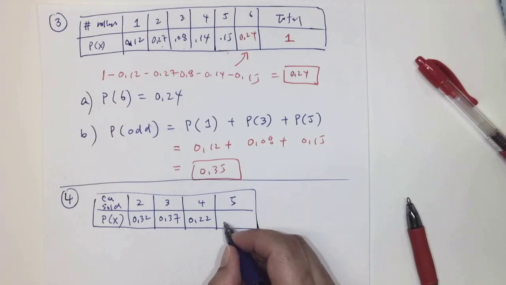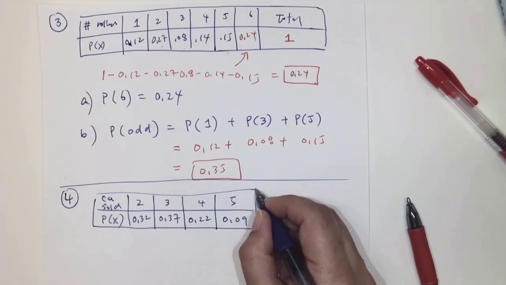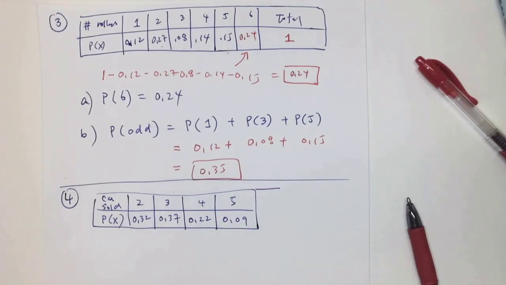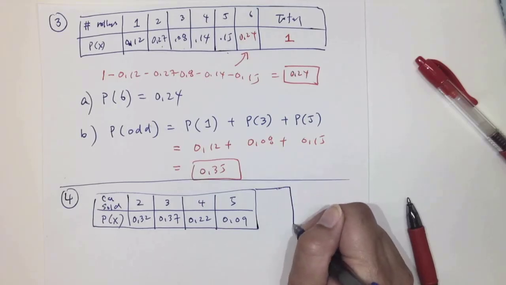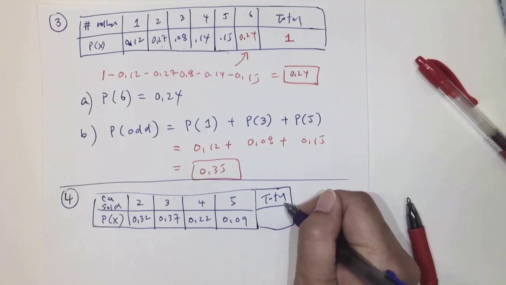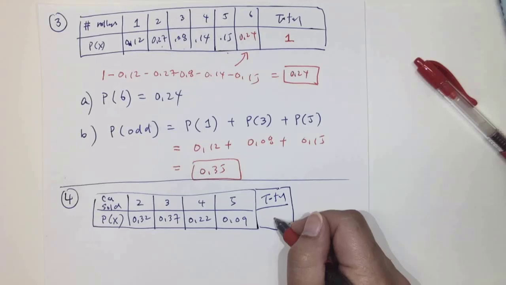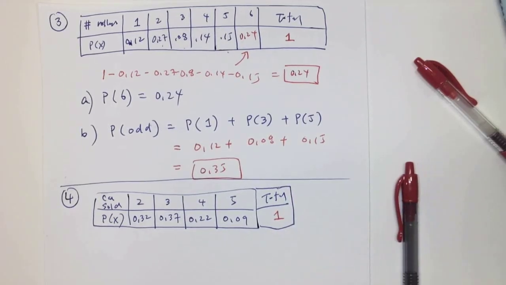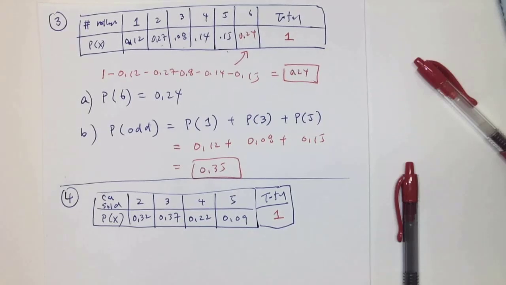Selling 5 cars is 0.09. 0.32 plus 0.37 plus 0.22 plus 0.09. Does it add up to 1? Yeah. So I may put total here, and then you should put what here? The probability should add up to 1. All right, so they are asking based on this table, what is the expected car sales this month?